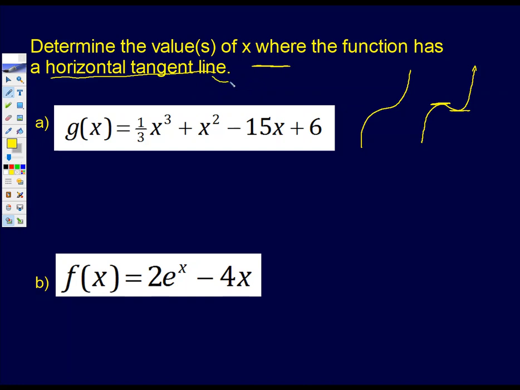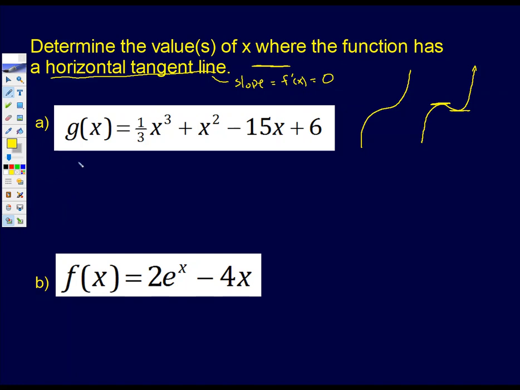So this yields that the slope, which is always found by the derivative, is going to have to equal 0. And so this basically boils down to, I could retranslate this question and say, determine all the values of x such that the derivative of this function is equal to 0.